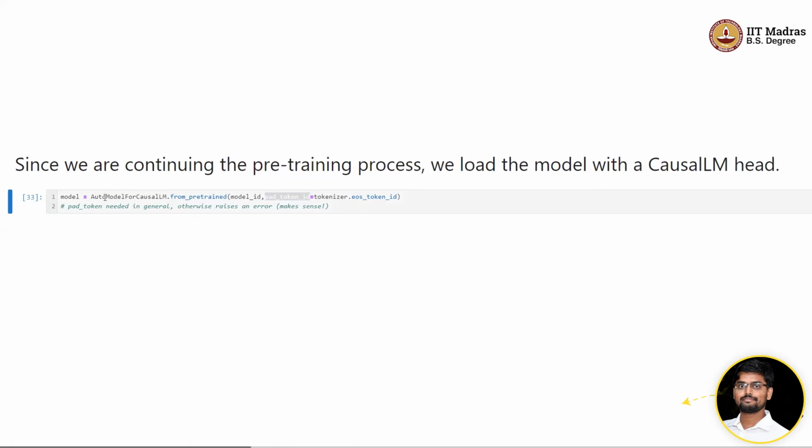Remember earlier when we trained GPT-2, we loaded the model so that the model weights are initialized randomly, right? So we used GPT2LMHeadModel, but here we use AutoModelForCausalLM, and also use the from_pretrained method so that it loads the pre-trained weights.